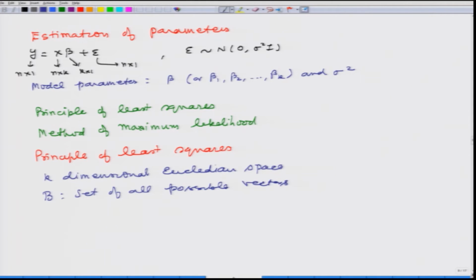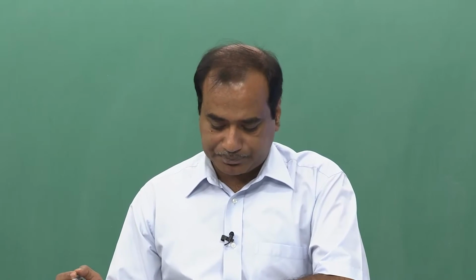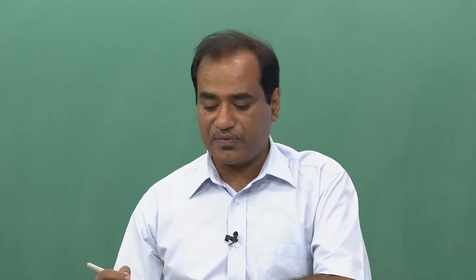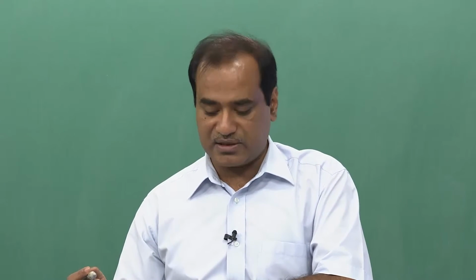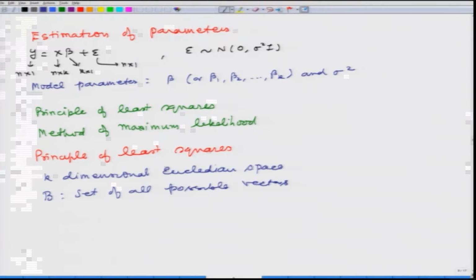So, now our objective is to find the value of the parameter vector beta such that the sum of squares of random error is minimized over this entire space, right. So, now I can define my objective.